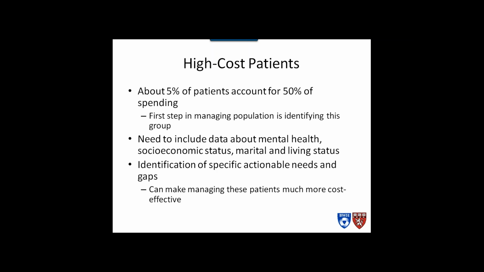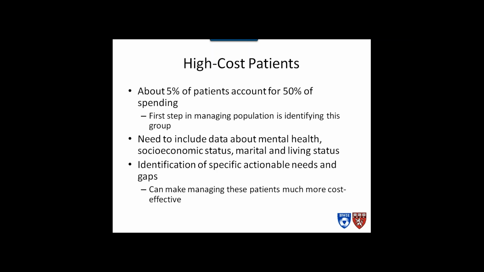If you want to do this most effectively, I think you need not only their electronic health record data, but also data about their mental health, socioeconomic status, marital status, and living status, which we don't necessarily routinely collect. So one issue is collecting that data, and from the big data perspective, you want to not only predict who's going to be expensive, but then figure out how to manage them effectively.